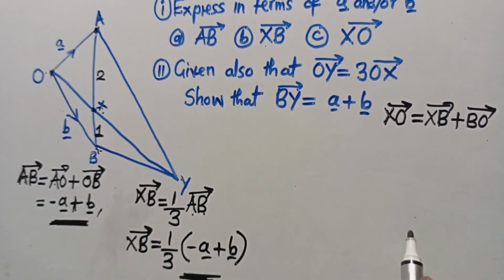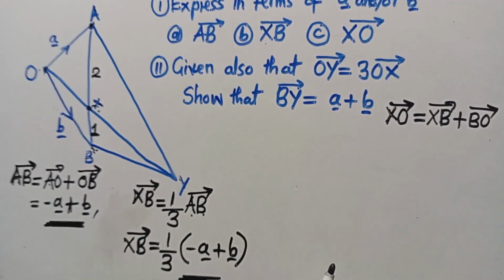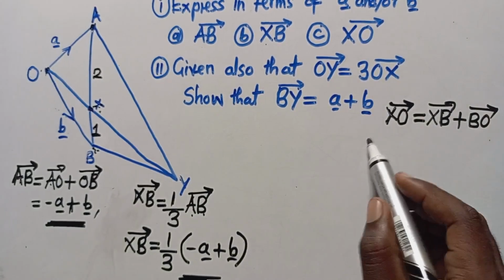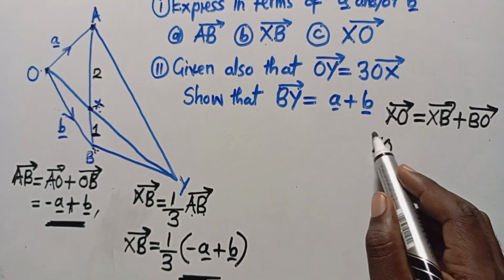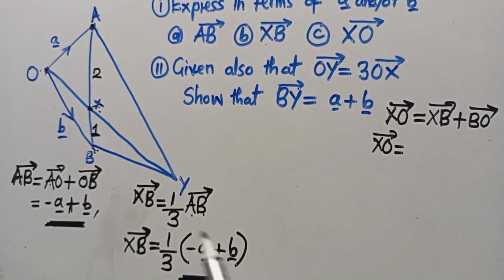So this is what you are supposed to do. This is how we get to move if we are handling questions like this in an exam. XO is equal to XB. To simplify things, I will just multiply here.